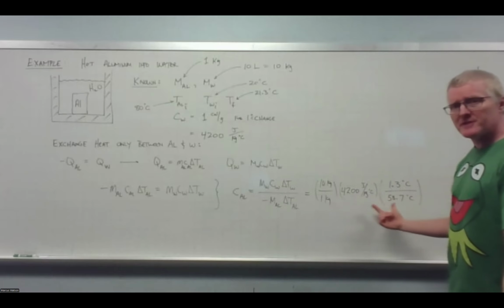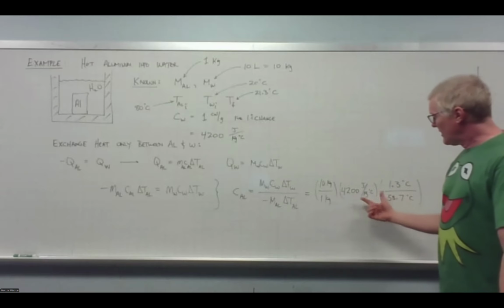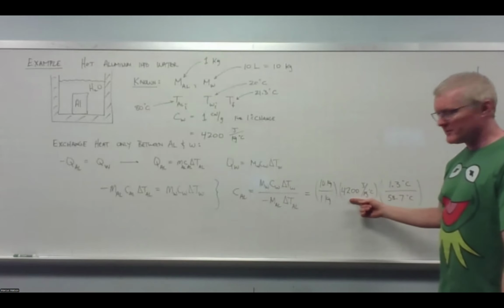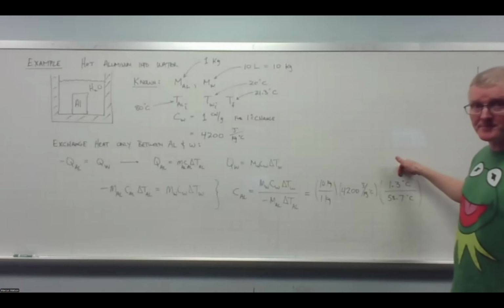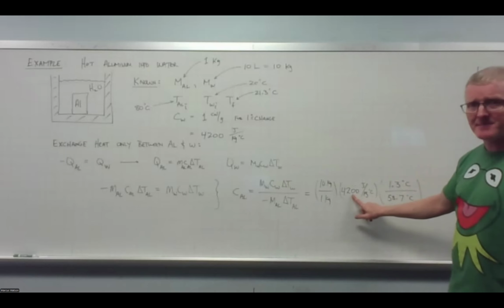Anyways, just quick inspection of these numbers reveals that compared to the specific heat of water, I'm going to have something that by mass is going to be 10 times greater, but by temperature change is going to be 50, almost 60 times smaller. So I would expect the specific heat of aluminum to be about 6 times less than water from this.